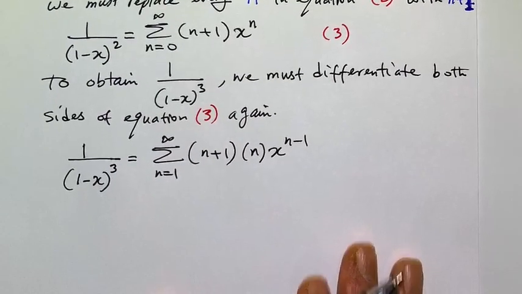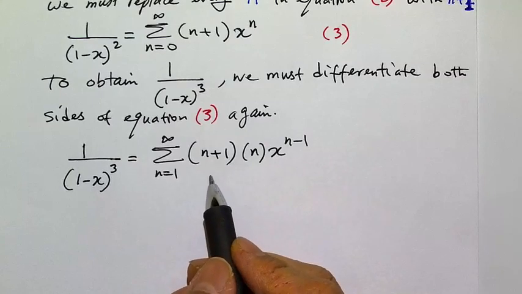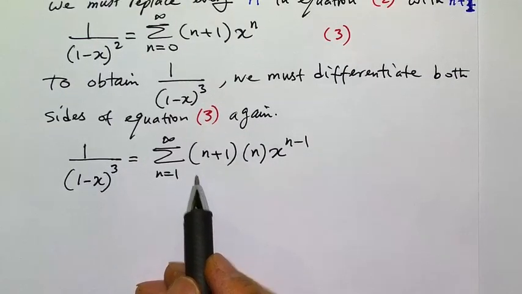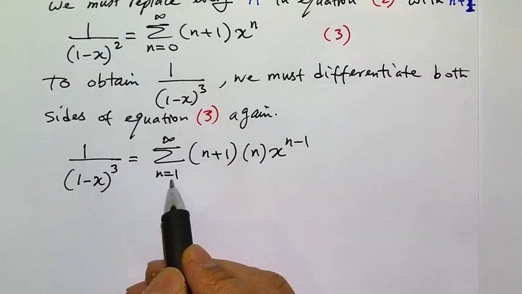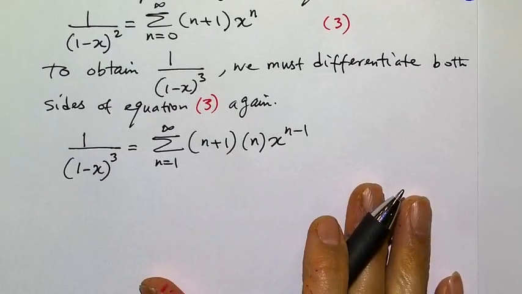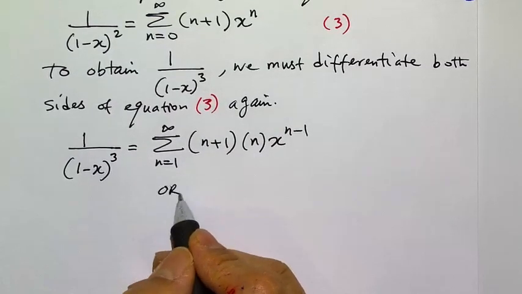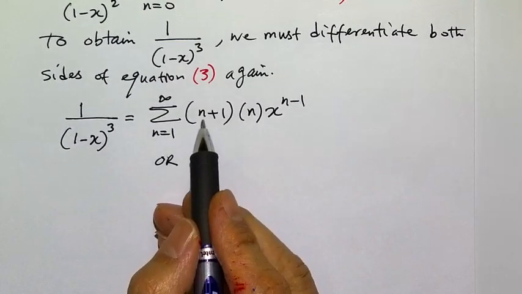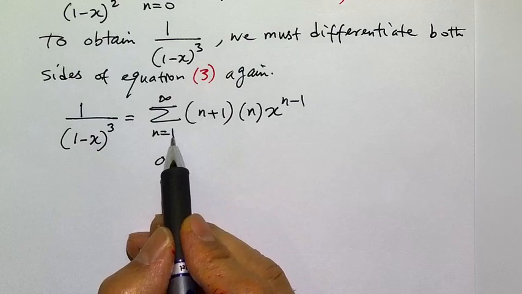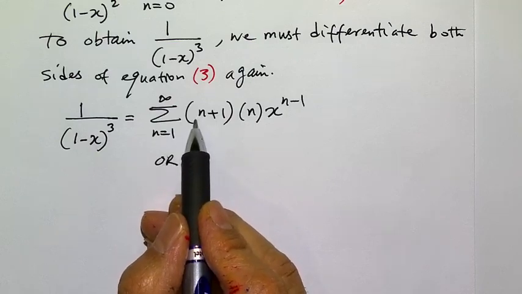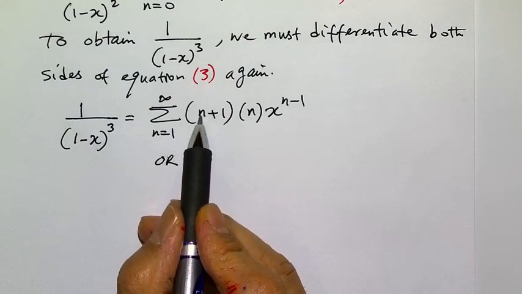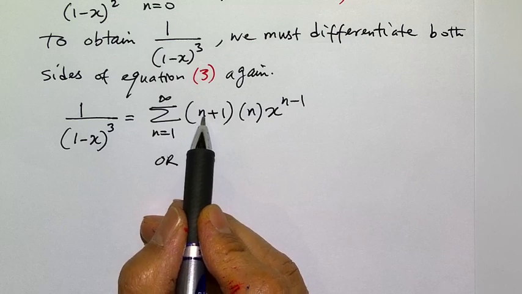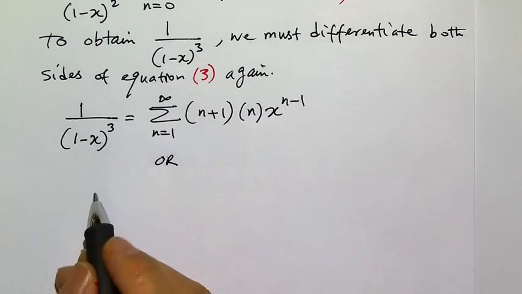Right? And then we want to, again, go back to the index starting from 0. So if we want to go from 1 to 0, we're going to have to replace every n with n plus 1. Okay, so let's do that.